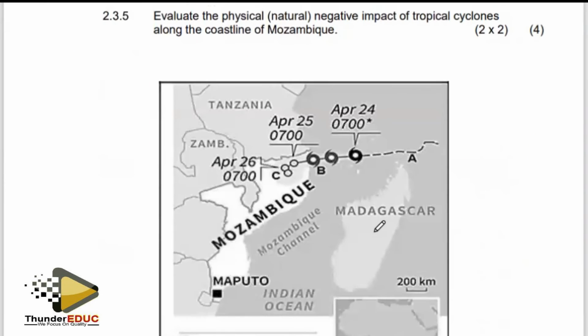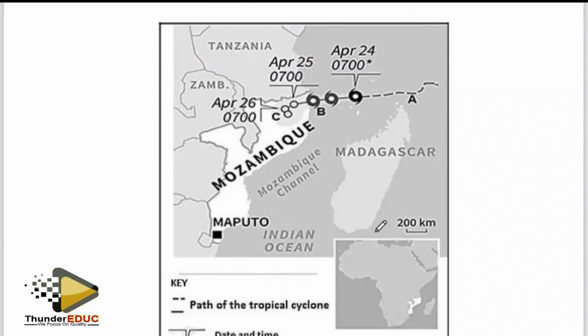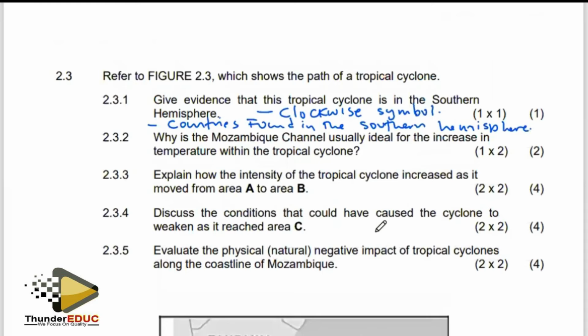What else can we look at? The date, which is April. So I think it is still summer, which shows summer in the southern hemisphere, because April is still not yet winter.